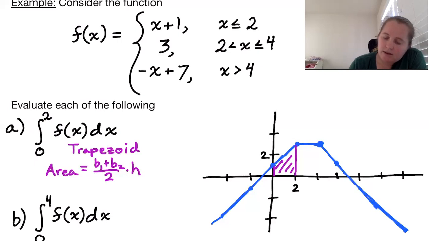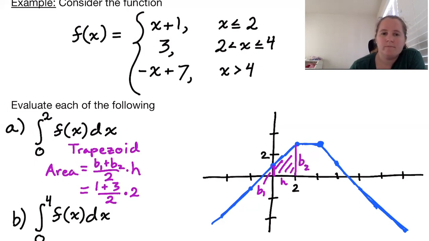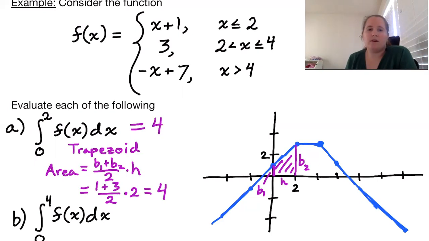Our bases are the 2 parallel lines, so we have 1 and 3 divided by 2, and then the height is the distance between those, which is 2. And so we wind up getting that the area is a positive 4. It's all above the axis. And so our definite integral from 0 to 2 of f of x dx is equal to 4.